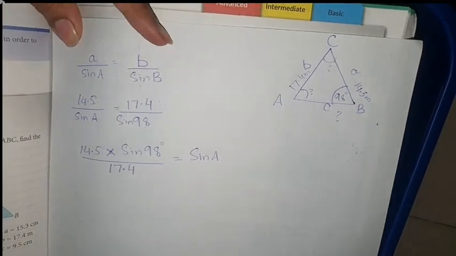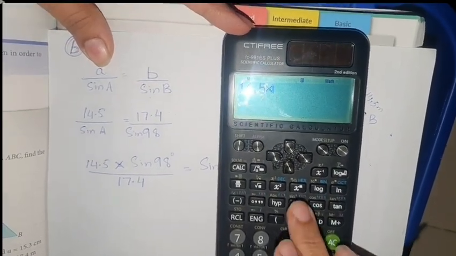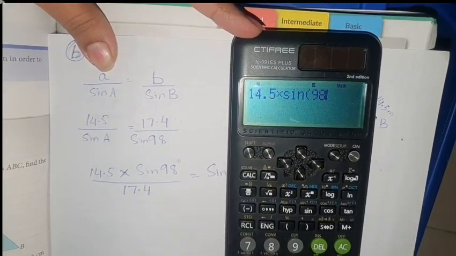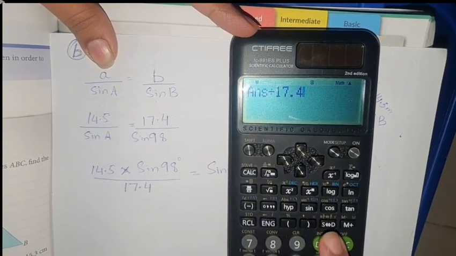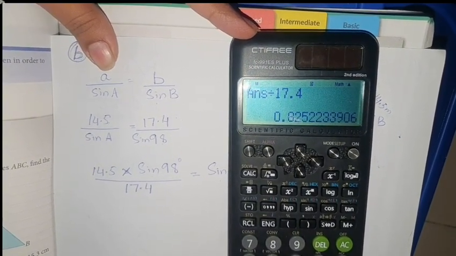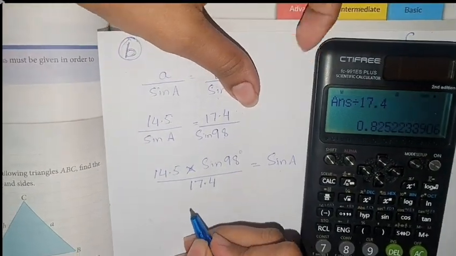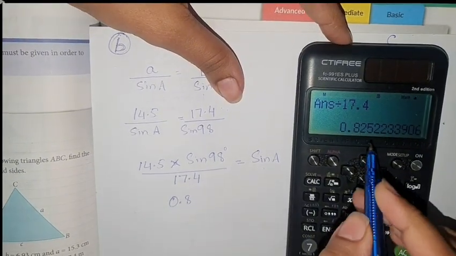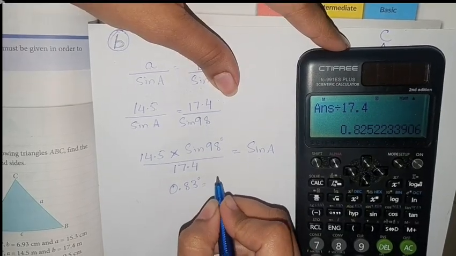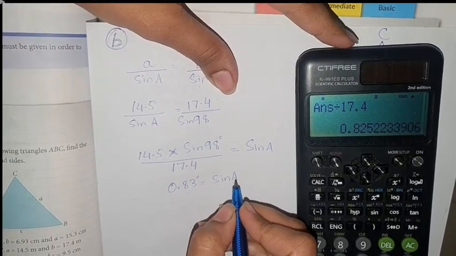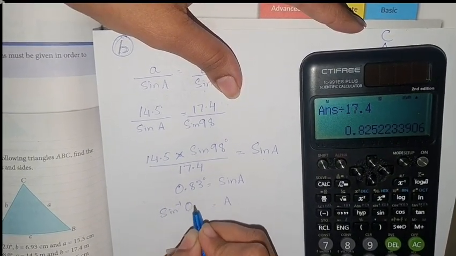So we have to use the calculator and find 14.5 times sine 98, divided by 17.4, which is equal to 0.825, or we can write 0.83. This is equal to sine A. And we have to find angle A, so A is equal to sine inverse 0.83.